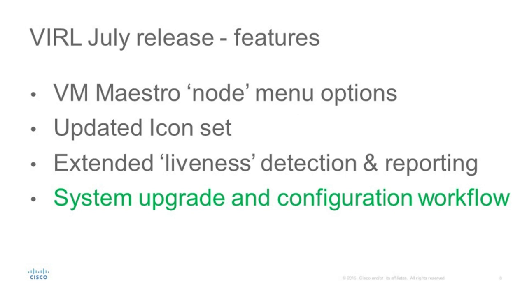Some other new pieces that are coming in. In VM Maestro, there have been for quite some time a number of previously hidden extension capabilities. These have been documented, and you can find details of these on the VIRL community pages, but those extensions now are being formalized, so there are actually menu items available.